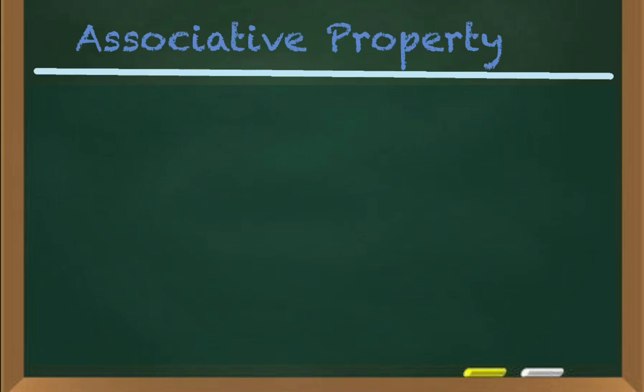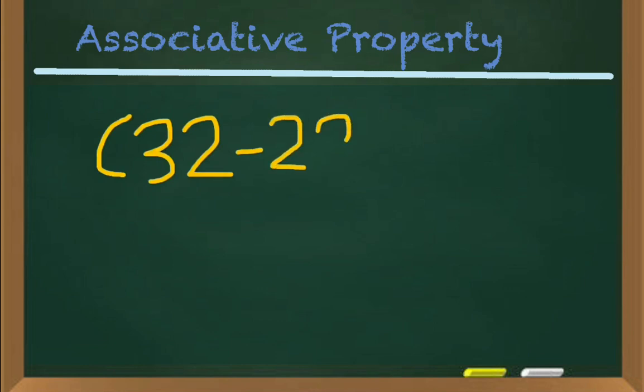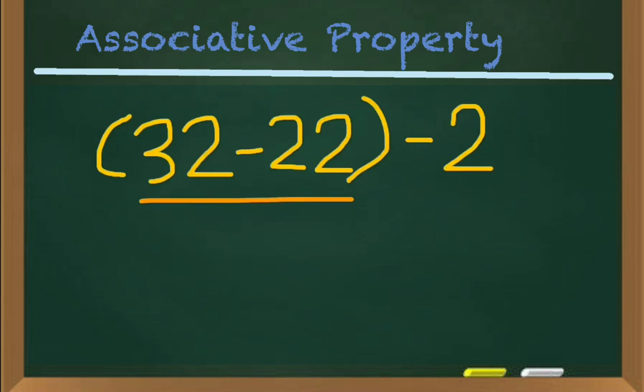Now if I ask you to subtract 32 from 22, minus 2. As you know, we have to solve the brackets first. So after subtracting 32 from 22, we get minus 10 as the answer.